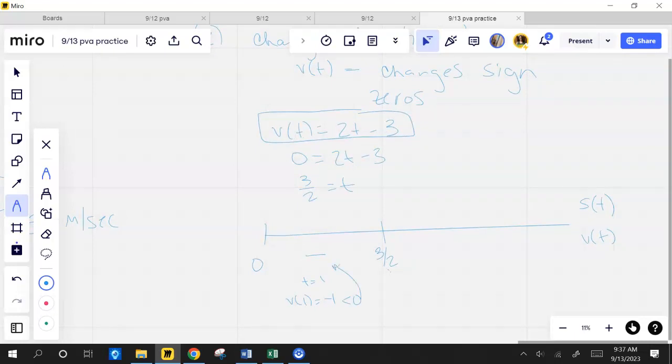And that tells me if velocity is negative, what's the position graph doing? Left or down, and because this is a parabola, I'm going to say down. Do you see how I'm using this to look at which areas are increasing and decreasing?